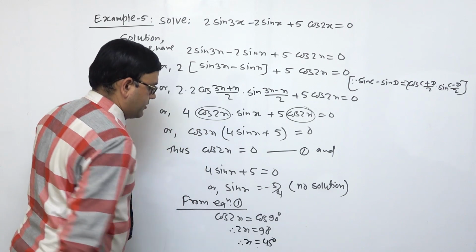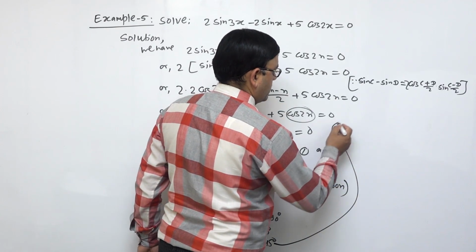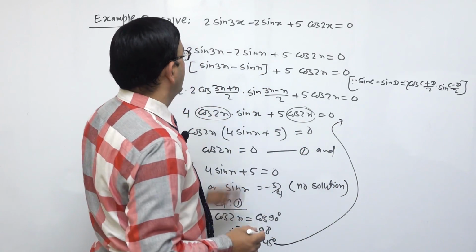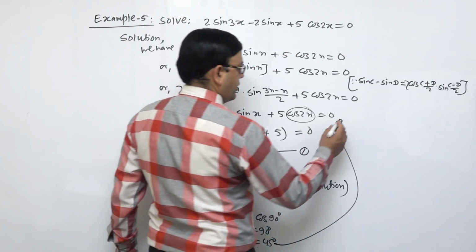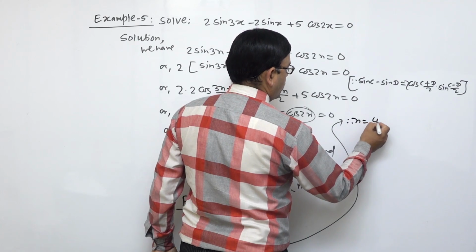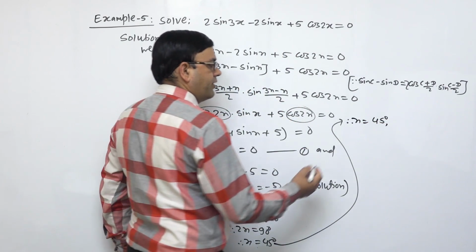So we can write the answer. Here we have to find many values of x. Therefore x is equal to, first one is 45 degree and second one is 180 minus 45 degree.